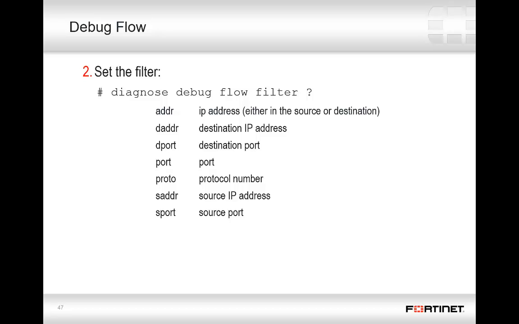Then we specify a filter. We can filter by source or destination IP address or port. However, usually the best option is to use the option addr to filter by an IP address regardless of the direction of the traffic. The address can be either the source or destination. The addr option will match both.